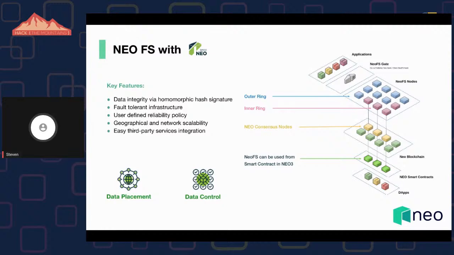They are building NeoFS, a Neo-based file storage, that lets people interact with the file storage directly from the smart contract. It has a lot of features like fault tolerance, user-controlled privacy, geographical and network scalability, and also a lot of integrated third-party services.